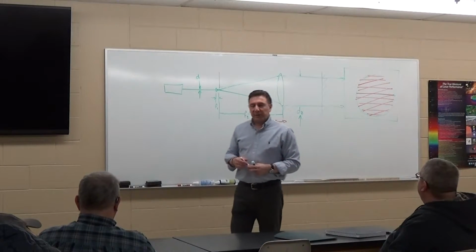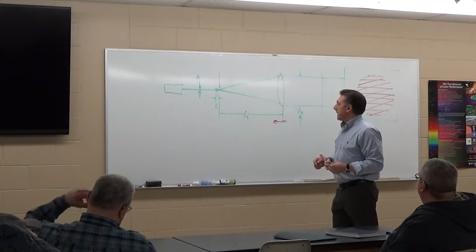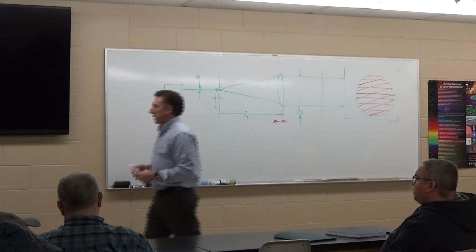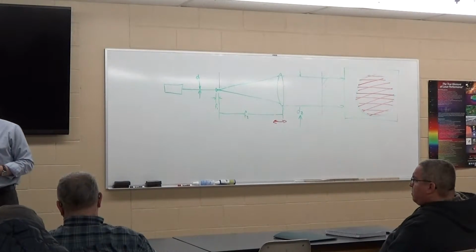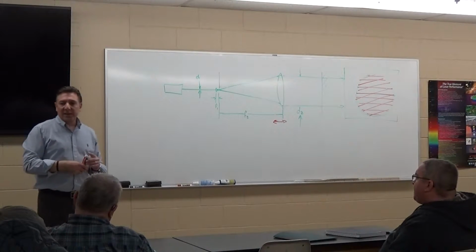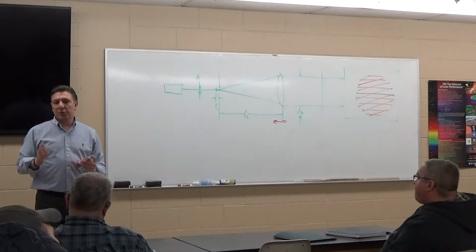The other part of this is spatial filtering. What I did in the video was basically taking a raw laser beam, expanding it, and collimating it. The problem with that is that that's not the best possible quality beam that you can get.